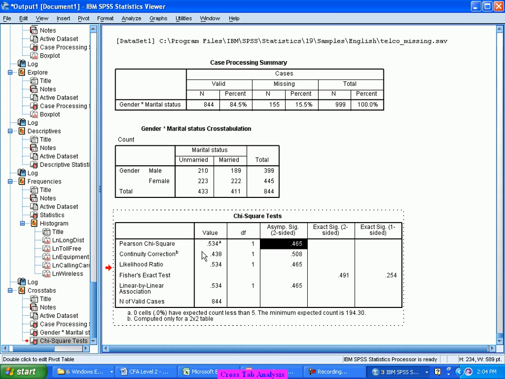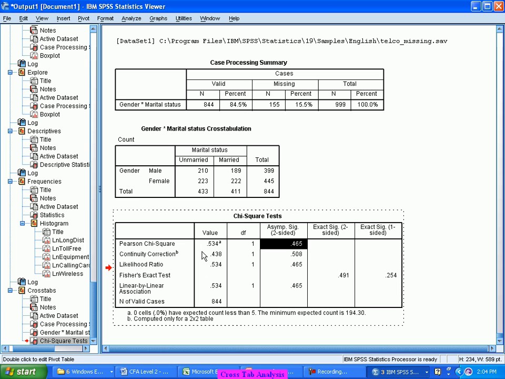Only the 5% data will be outside. Now, when I come to this chi-square, the value is 0.534. I need to know whether this 0.534 is in this 95% limit or beyond the 95%. That is what is being given by my significance level.